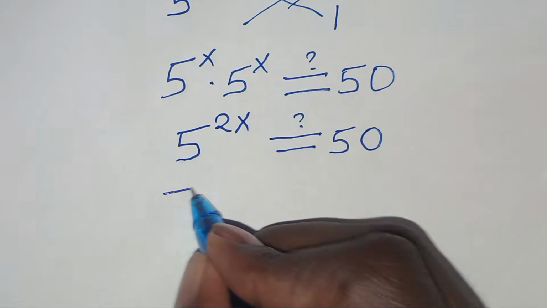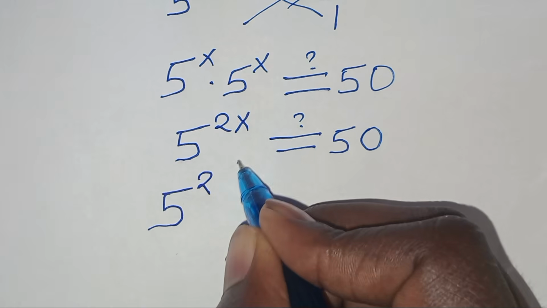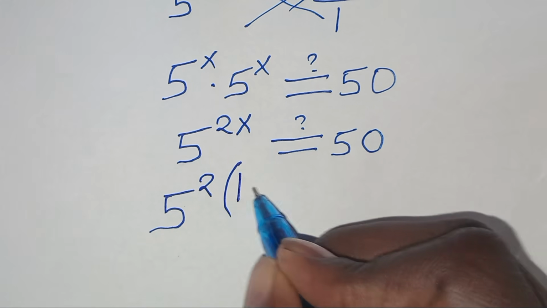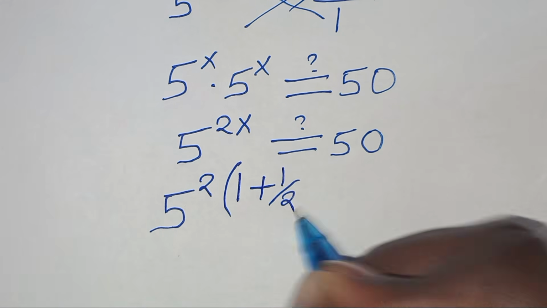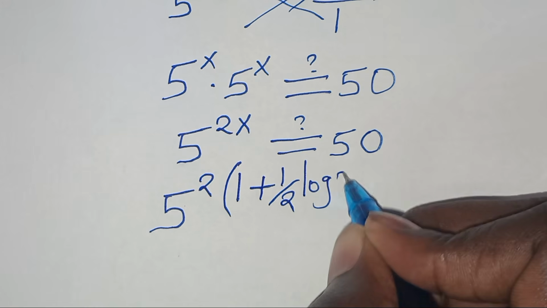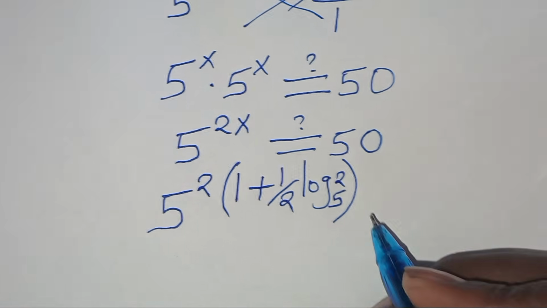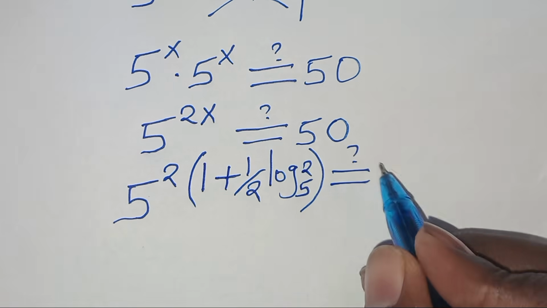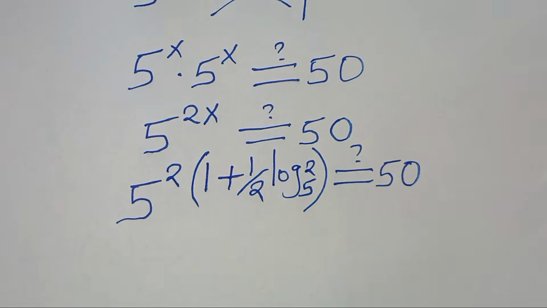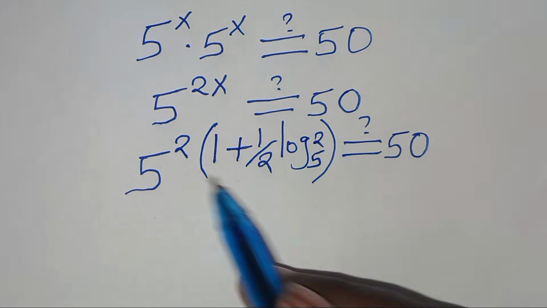So we have 5 raised to the power of 2 into the parentheses, 1 plus a half log 2 to base 5, and this should give us a value of 50. Now let's open the parentheses here.